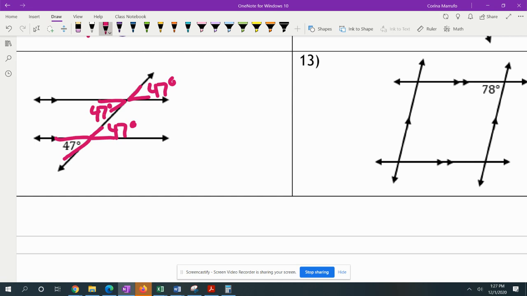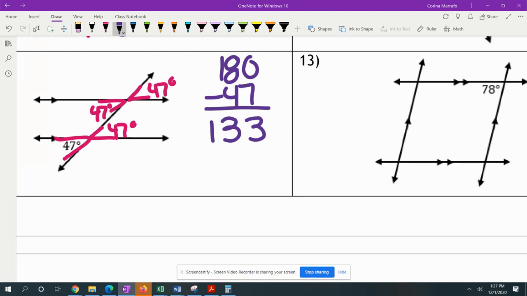Okay, then to find your obtuse angle, you're going to do 180 minus 47, and that gives me 133. So that means all my obtuse angles are 133 degrees. So this one's 133, this one is 133, this one is 133, and this one is 133.